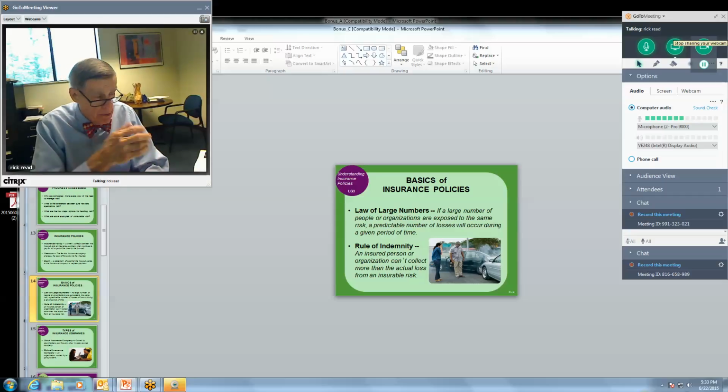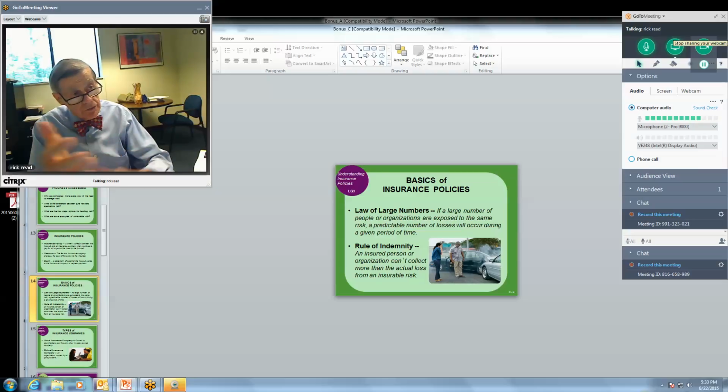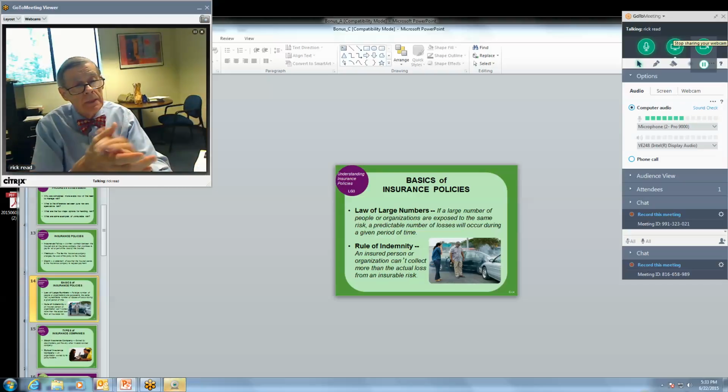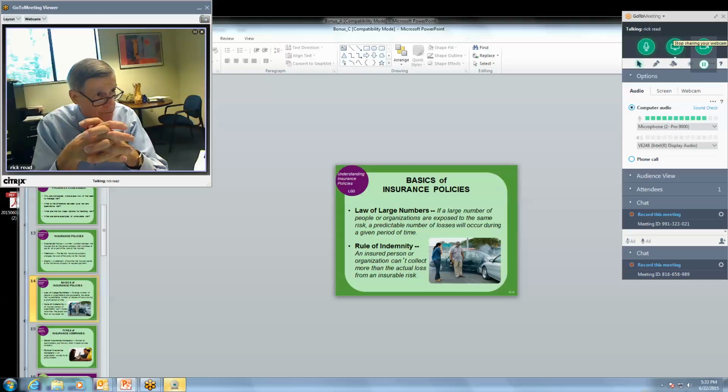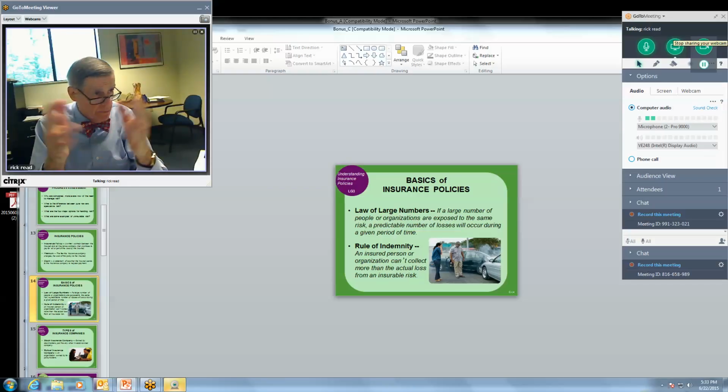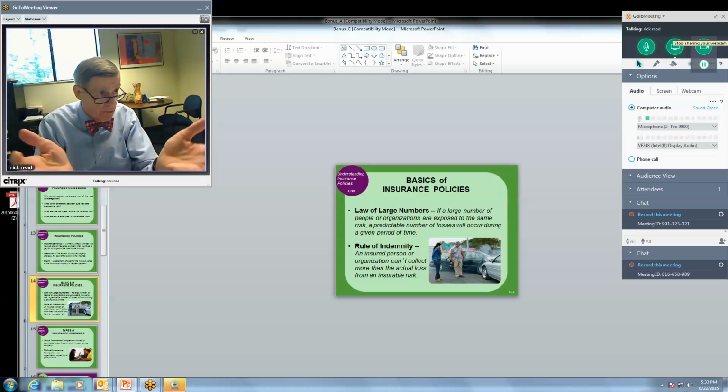And then, of course, the larger the number, they can reduce the amount of money they have to lay out. Rule of indemnity: you cannot collect more than the actual loss from whatever you insured. So if you're going to collect $100,000, that's what you're going to collect. You're not going to collect 105 or 110. What's insured for is what you're going to collect.